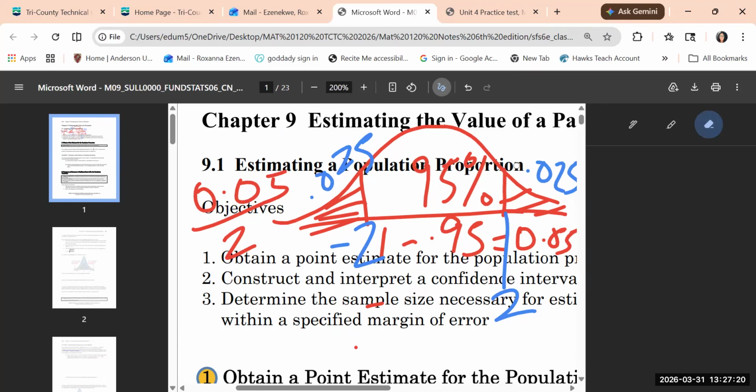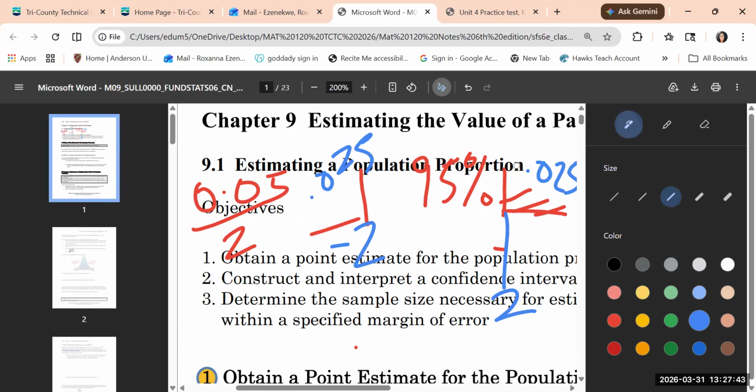Everything we learned even from unit 1, we're applying it in unit 4. Don't you see? We know the empirical rule from unit 1, we're talking about it in unit 4. Okay, that is what is called an inverse norm. We already talked about it in unit 3. I want to find the area to the left, even though I already know this. Oh, I need to draw that again.